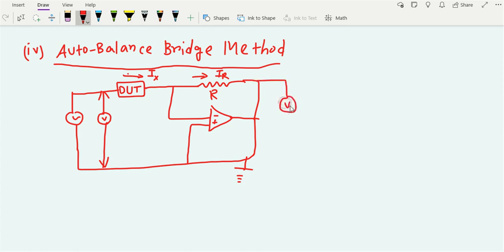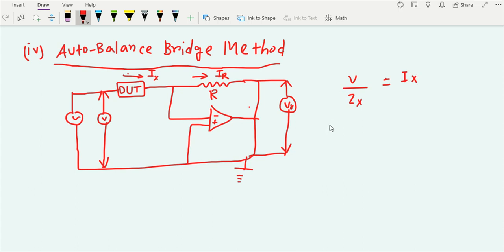So ideally this Ix should be equal to IR, and you can measure the voltage here. Let's say its name is VR. Now the current flowing is Ix, that is V divided by Zx, because if you consider this sample's impedance value is Zx, and this voltage is V and the current flowing here is Ix.